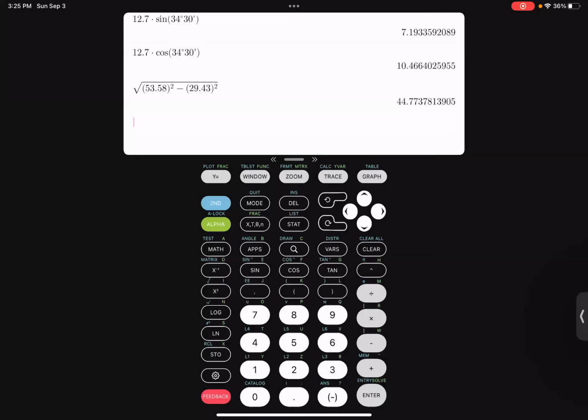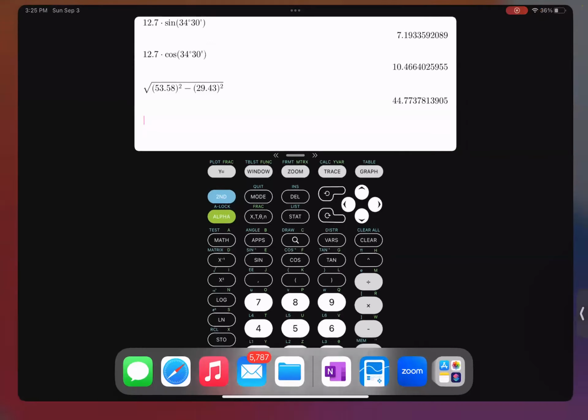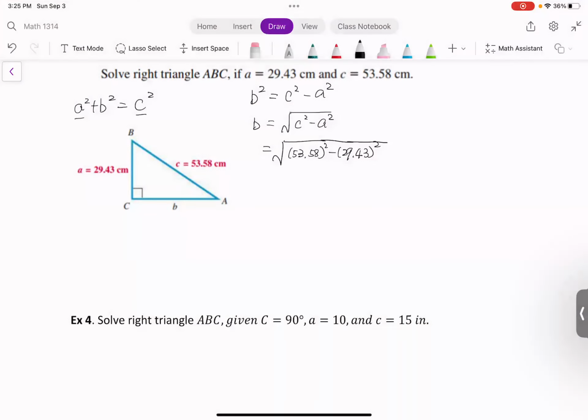So my length of B is 44.7737 something. Let's put the number here: 44.77378139. If I round to 2 decimal places, I have 44.77 centimeters.